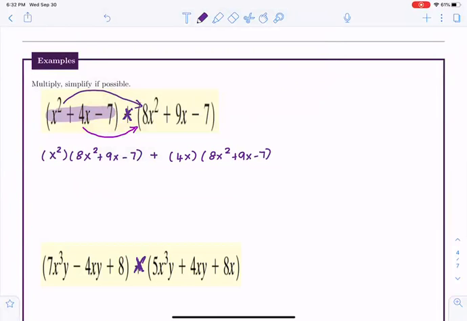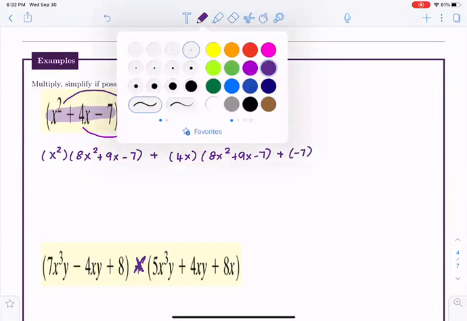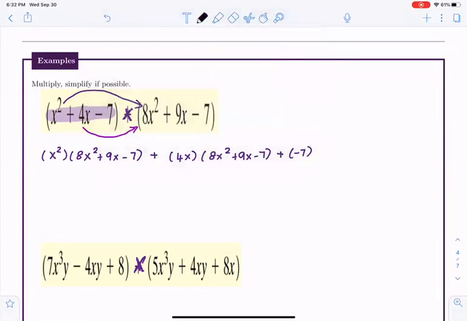And lastly, I have negative 7, which would be that term, and I'm going to distribute it in. So negative 7 multiplied by 8x squared plus 9x minus 7. Now it's all about distribution and simplification.